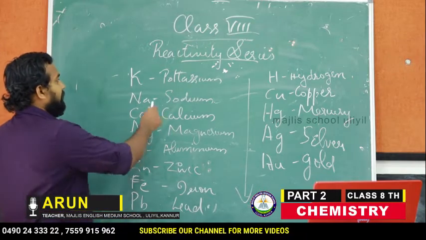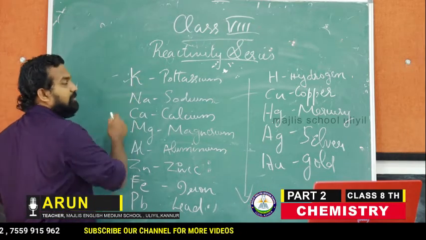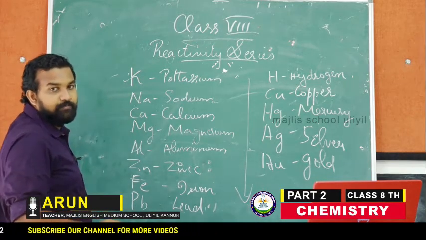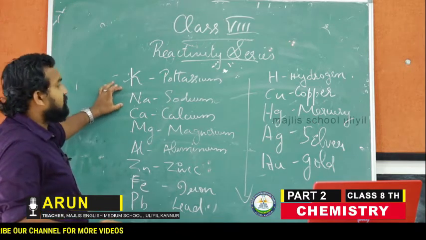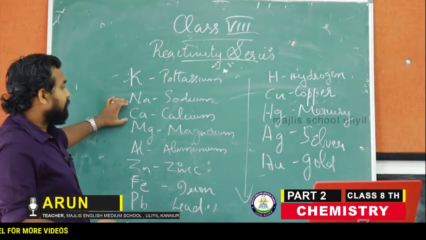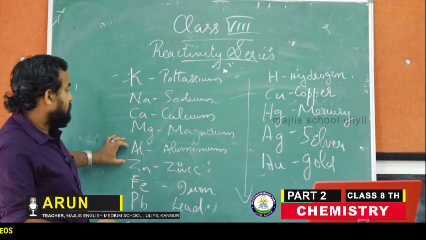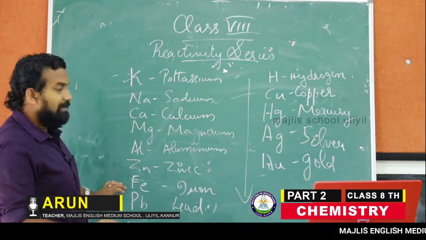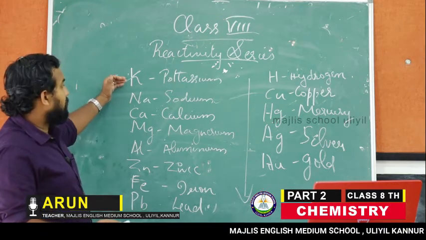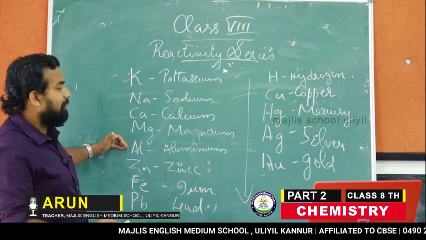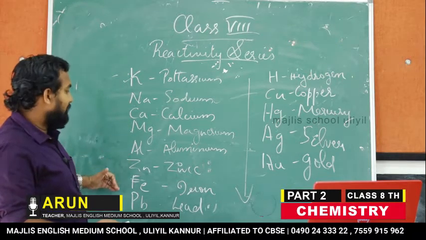The first element, the most reactive element, is potassium. Next it is sodium, then calcium, magnesium, aluminum, zinc, iron, lead.